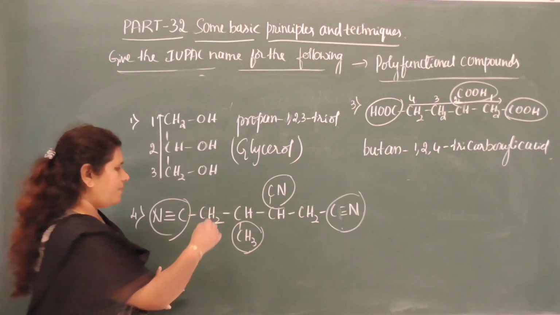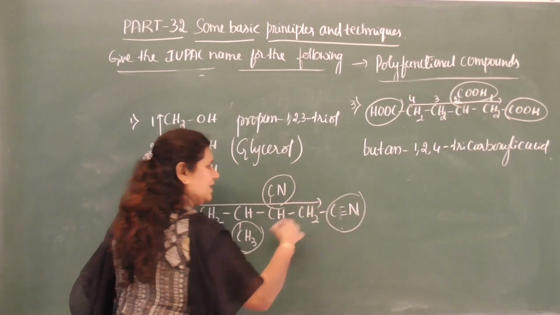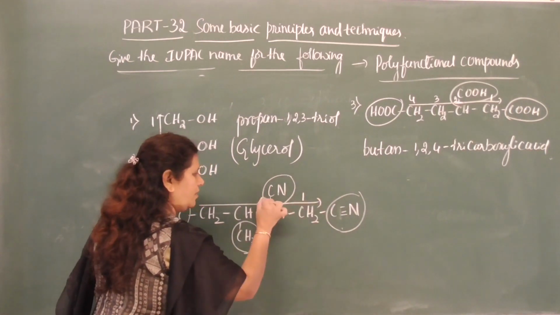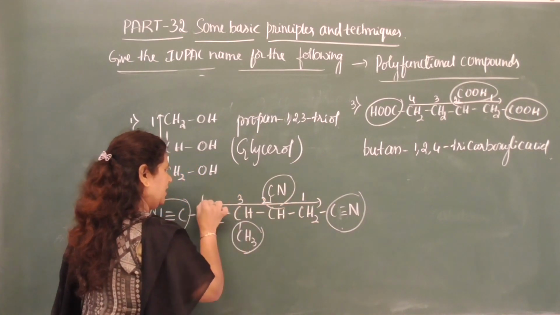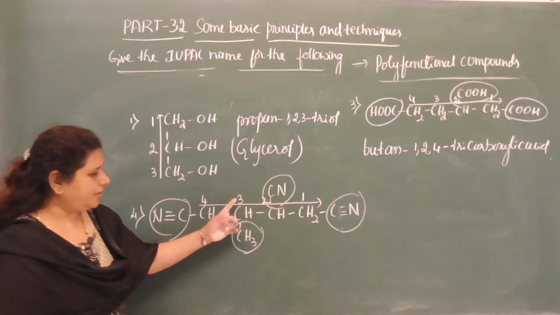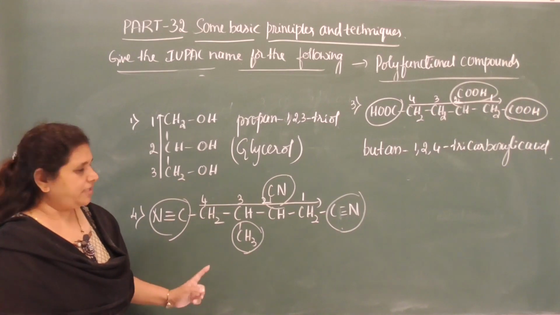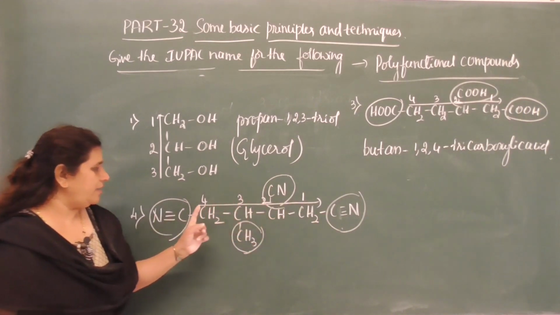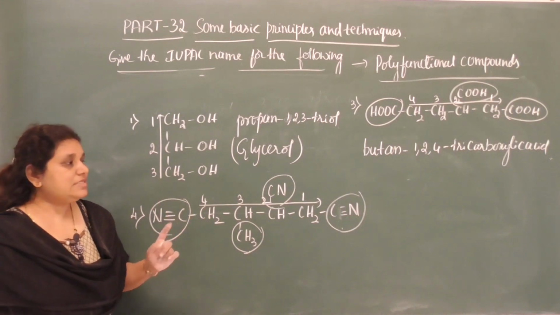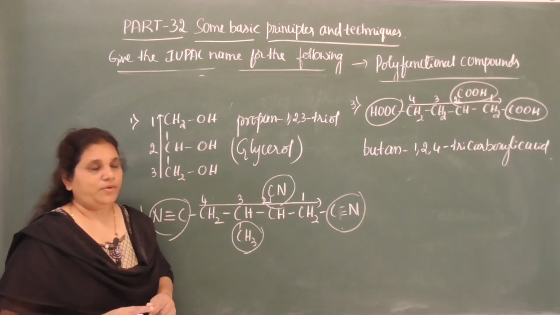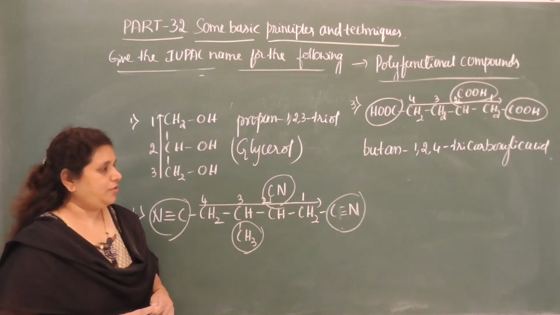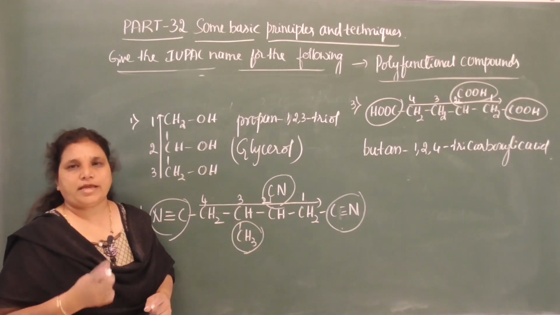Now you select the carbon chain. This is the selected carbon chain and give the number from this end. 1, 2, 3, 4. On the third carbon atom we have a methyl group, that becomes the prefix. And on first, second and fourth carbon we have CN group, that is cyanide group. The special suffix for cyanide group is carbonitrile.